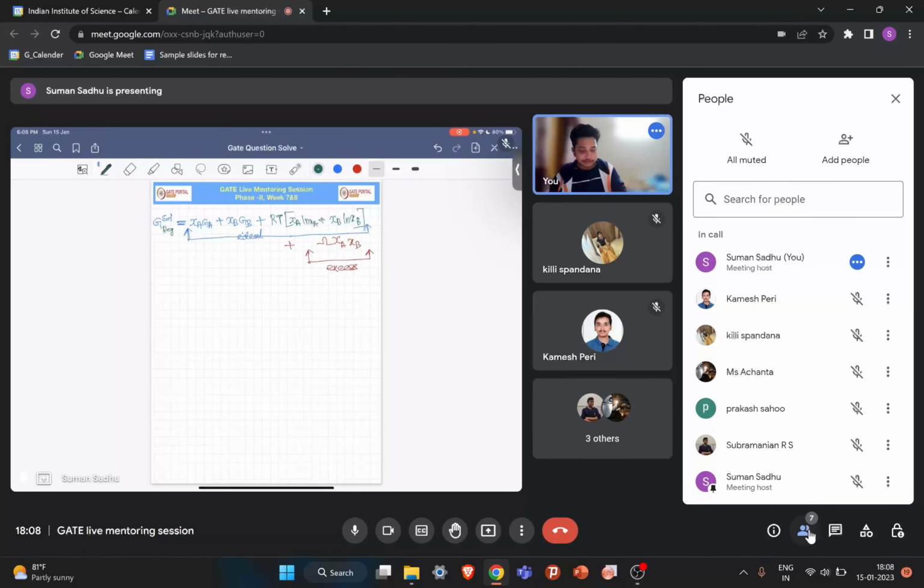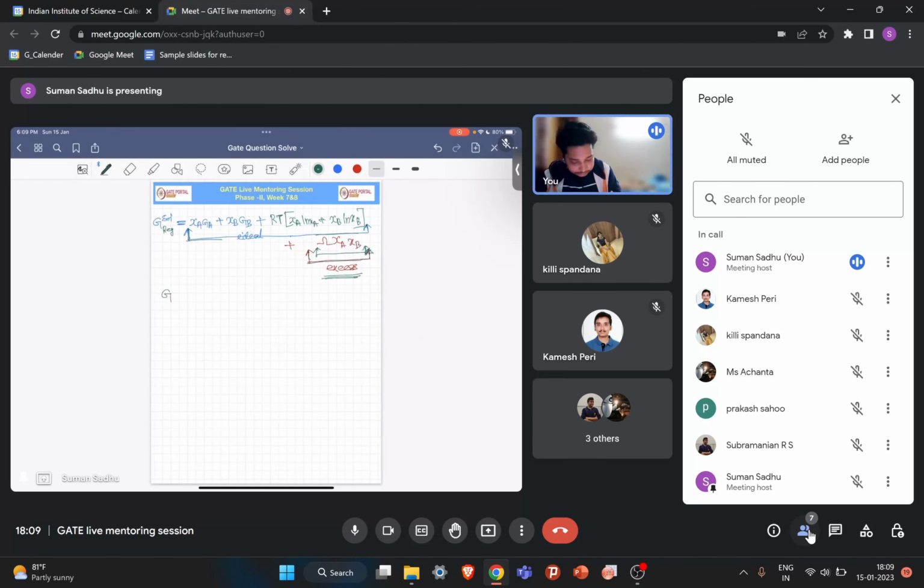In case of ideal, you had only up to this part. You didn't have the delta H mixing term, because in case of ideal solution this was zero. But in case of regular solution, you have this extra term in your free energy equation. That is why it is called excess free energy.